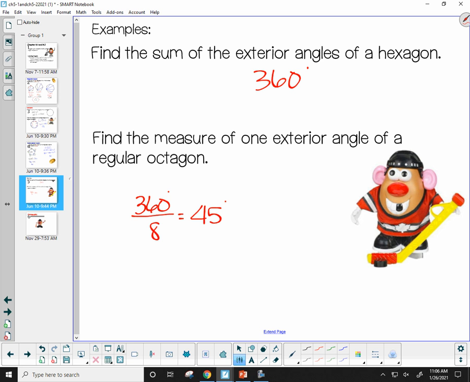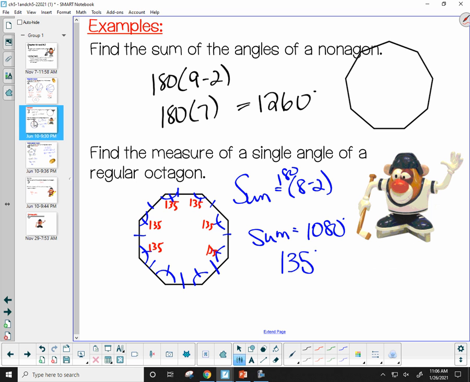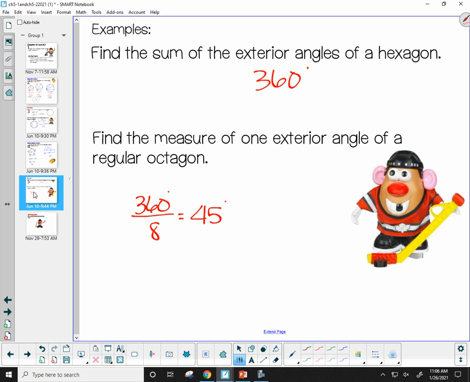Okay, so we just did this problem with the interior angle, right? What's the measure of one single interior angle of a regular octagon. We did this formula and then we divided by 8 to get 135. But this is faster. I mean, not a lot faster, it's not like we're doing 20-step problems here.